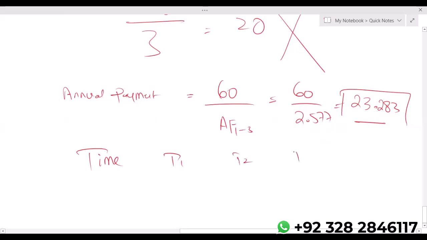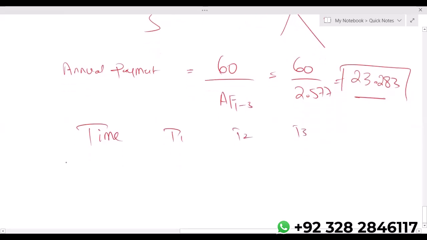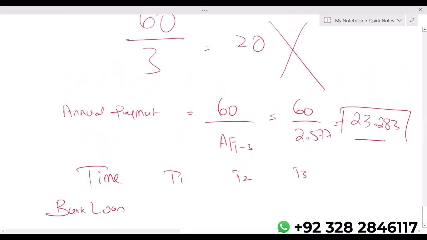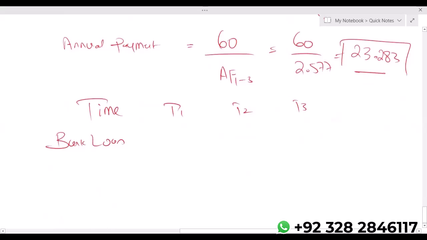T1, T2, T3. Bank loan. Obviously, at the start of T1, your bank loan is 60. On this 60, we'll pay the interest of 8%. 8% of 60 is 4.8.